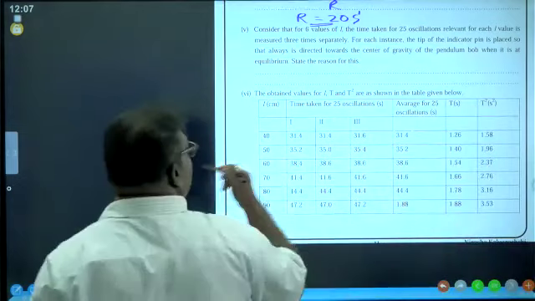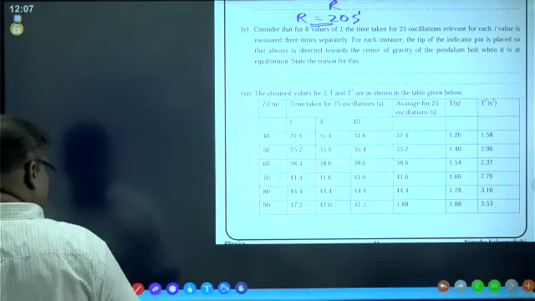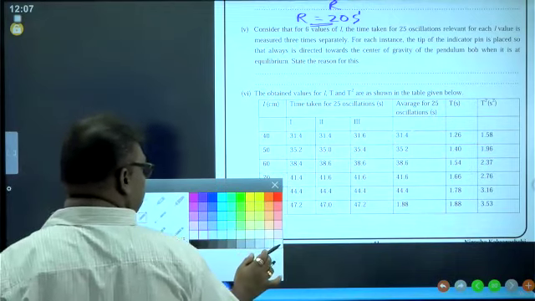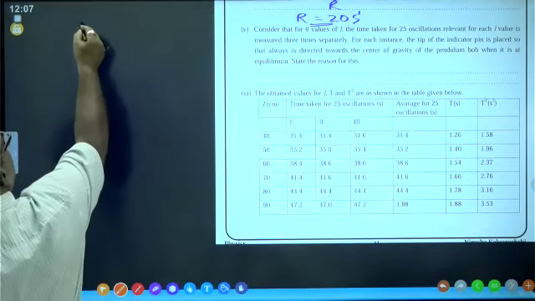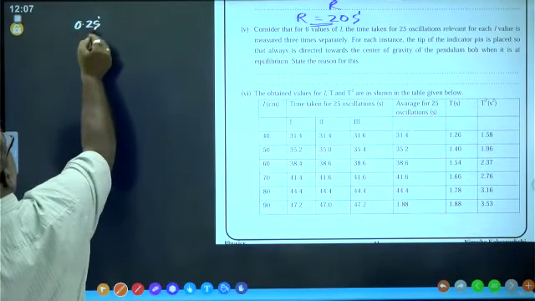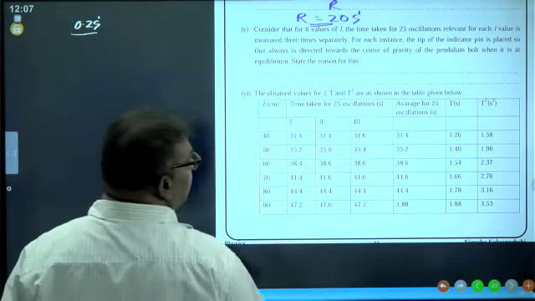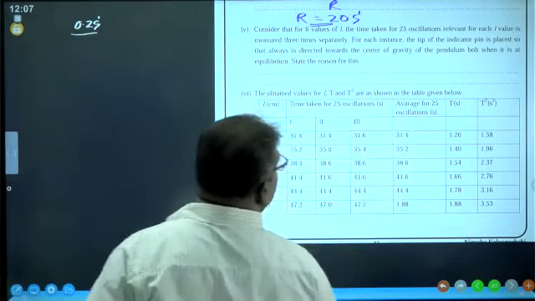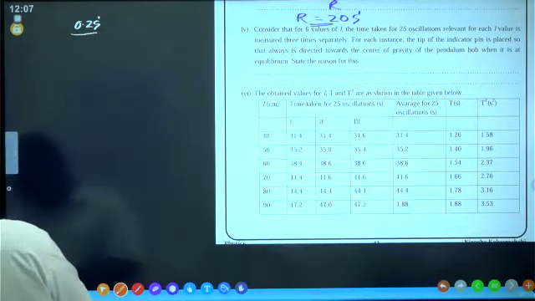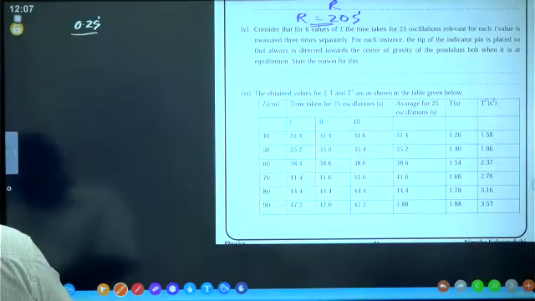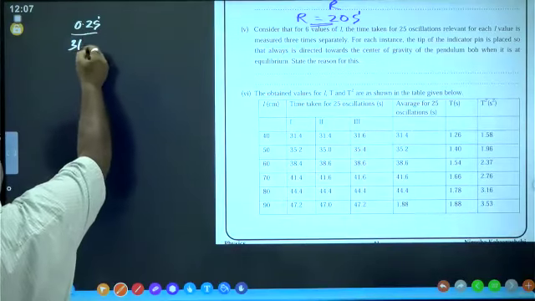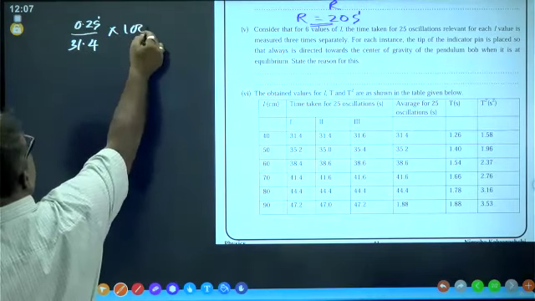So, the percentage fractional error of the time measurement is 0.2 seconds divided by 31.4, multiplied by 100.